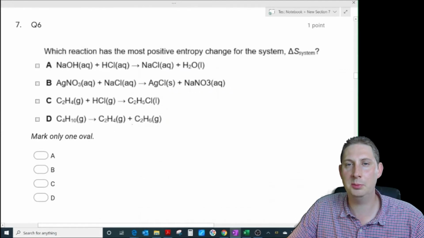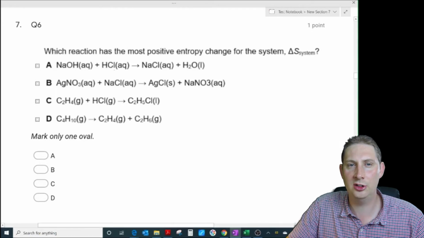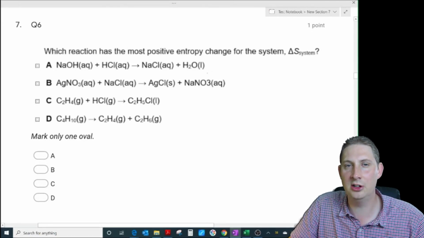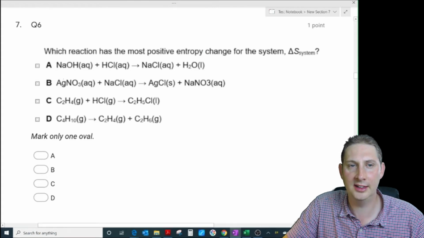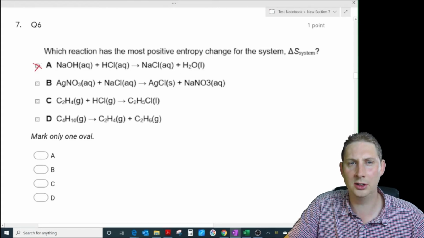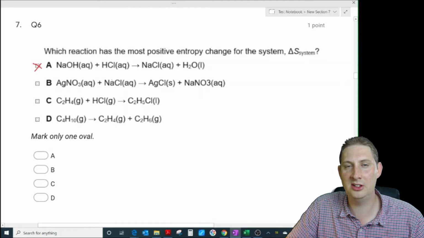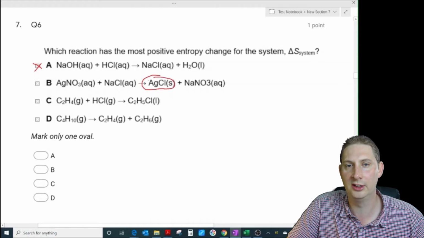Which reaction has the most positive entropy change for the system? Okay, so we've got 2 aqueous things forming something aqueous and a liquid. I mean, that doesn't look like a big entropy change, does it? So let's mark that as probably not. Here we've got 2 species, which is actually 4 lots of free moving ions, producing a solid which is fixed.